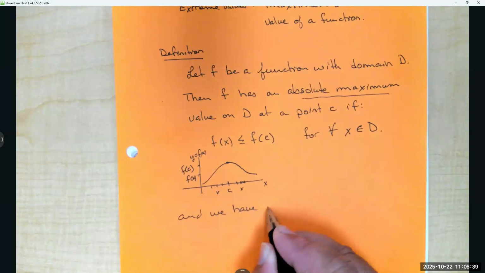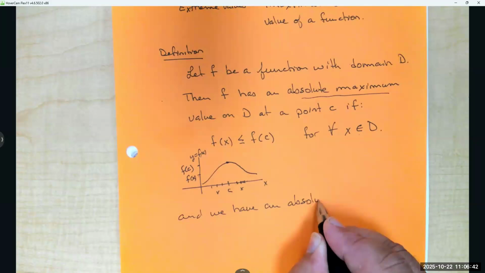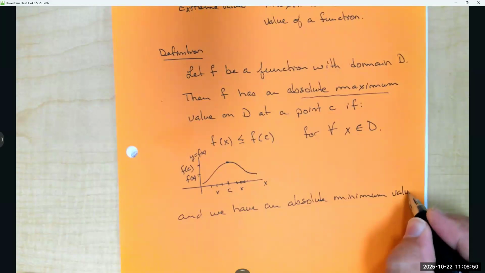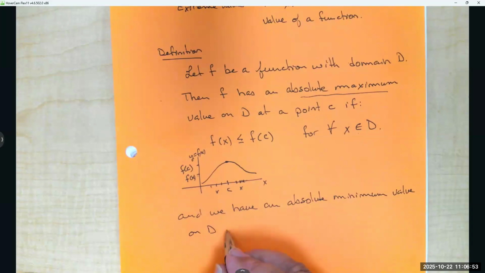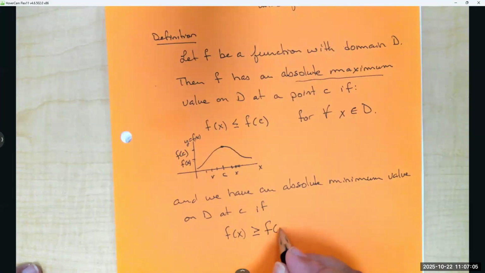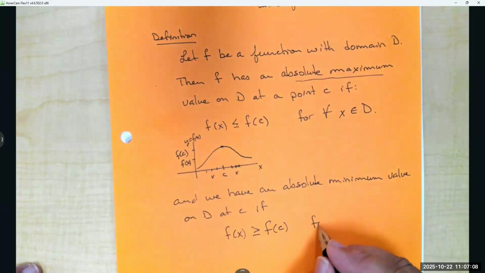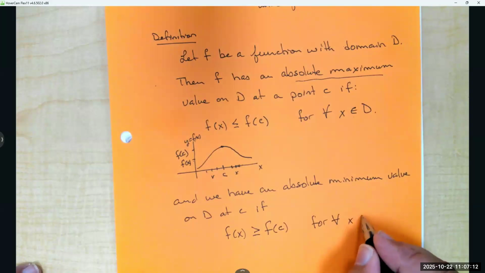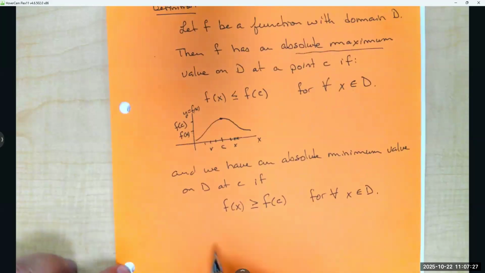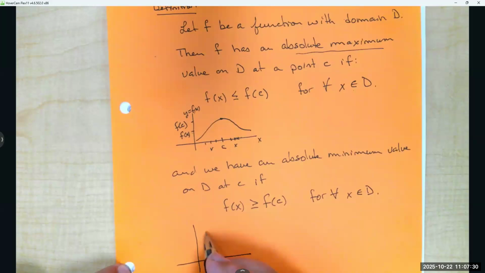And we have an absolute minimum value on our domain D at our point C if all of our x values are larger than our value at C for every x in D. So that graph will look like this.